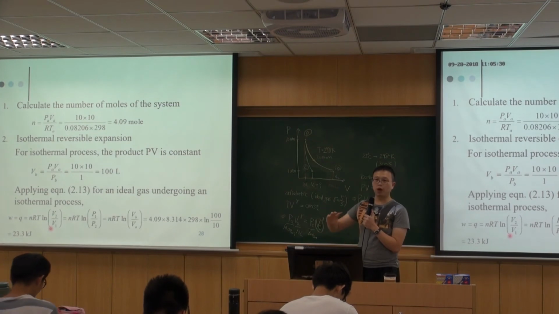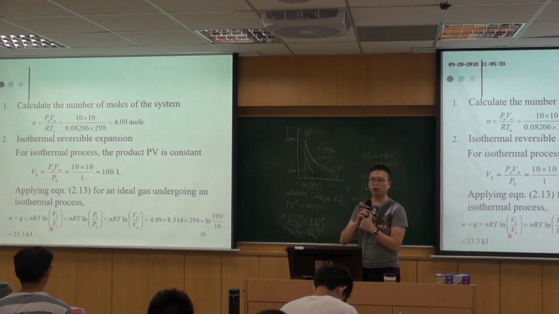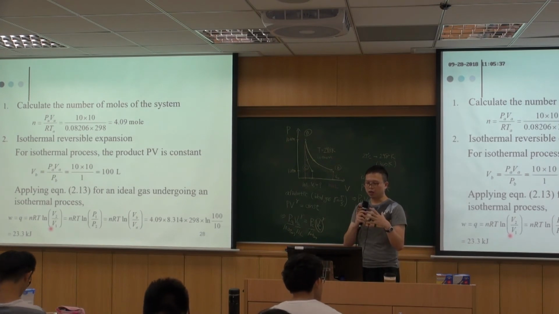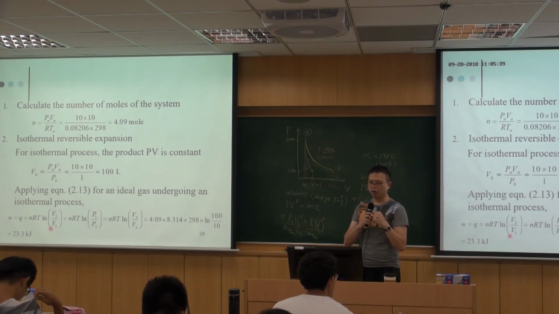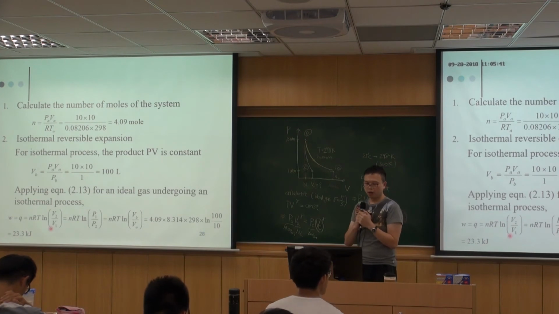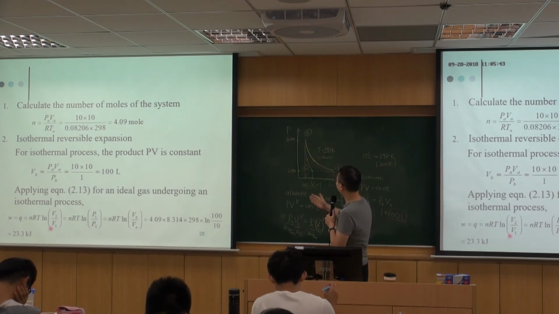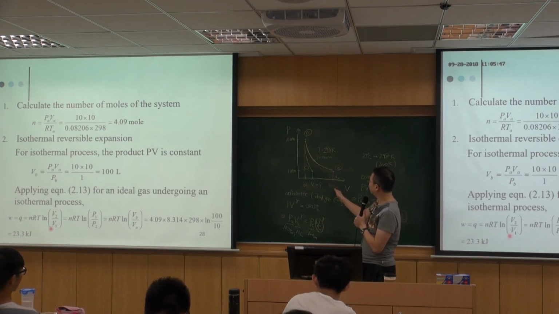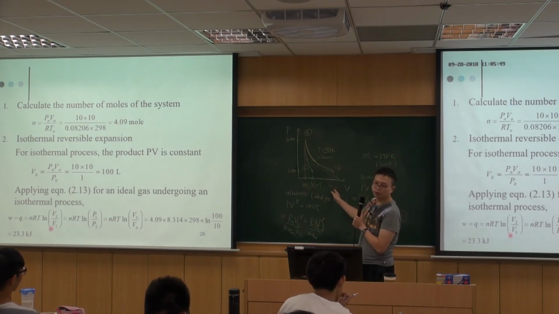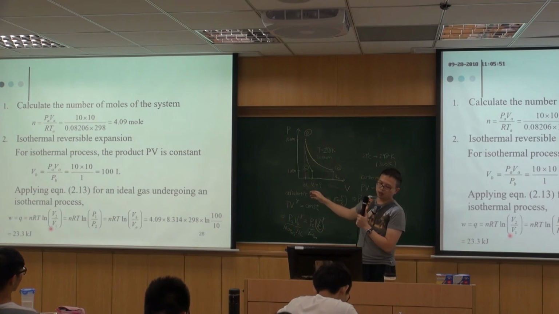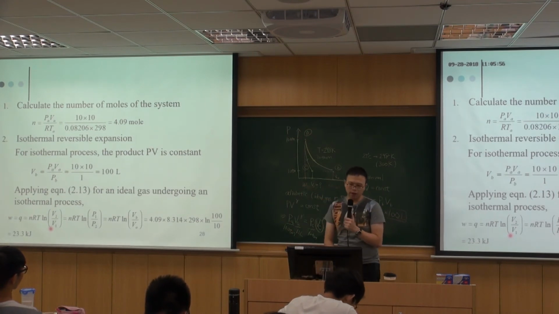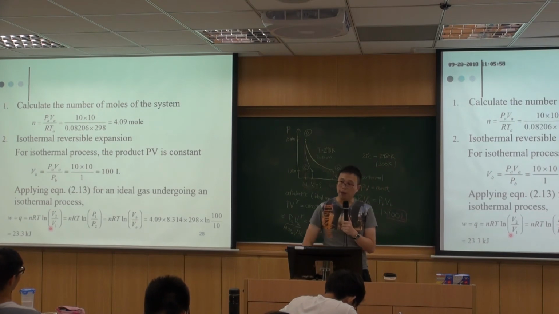So if you're dealing with a contraction of your system, so if the size of the gas container is decreasing, then this will be a negative number. However, in this case, we start from 10 liters and then expand it to, let's say, 100 liters. So this log V2 over V1 or VB over VA will be a positive number.